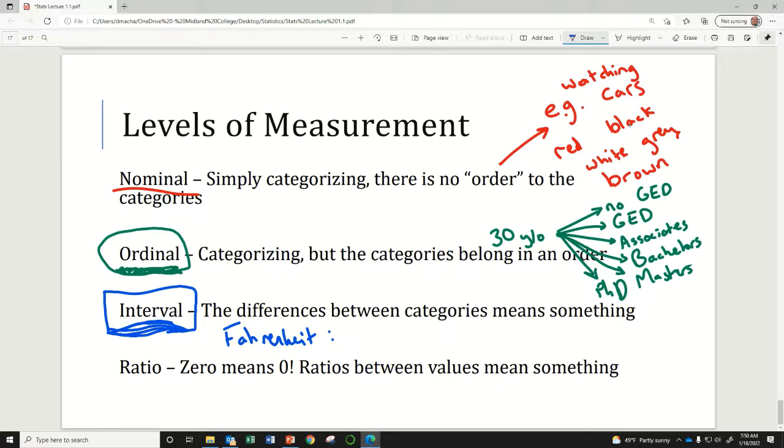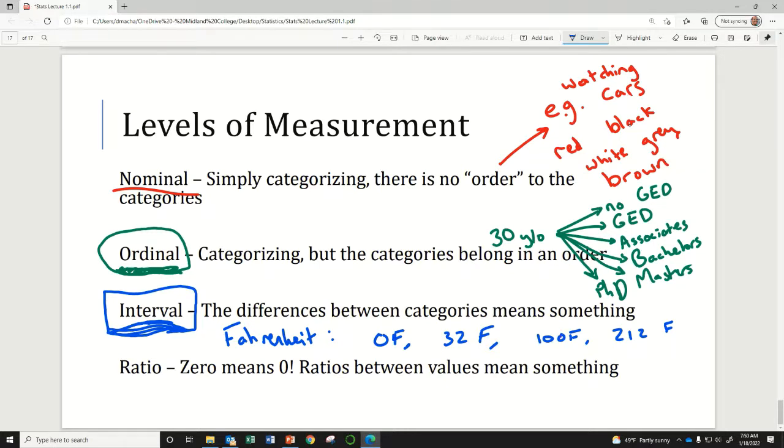So you can categorize the temperature outside, or maybe a better word would be to measure the temperature outside, as being like 0 Fahrenheit, 32 Fahrenheit, 100 Fahrenheit, 212 Fahrenheit, and so on. And actually, the difference between the categories means something.